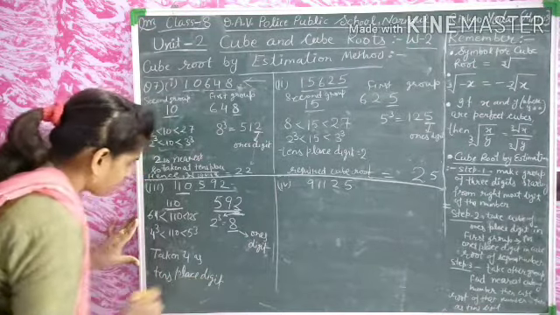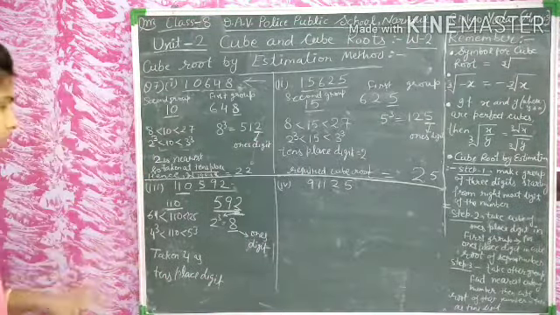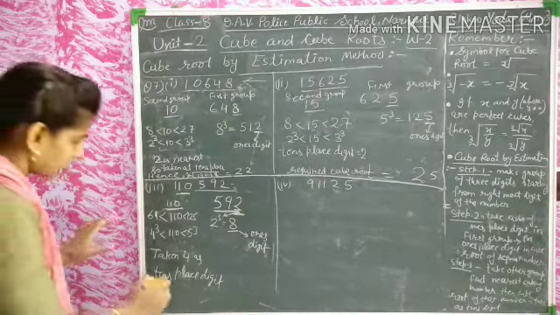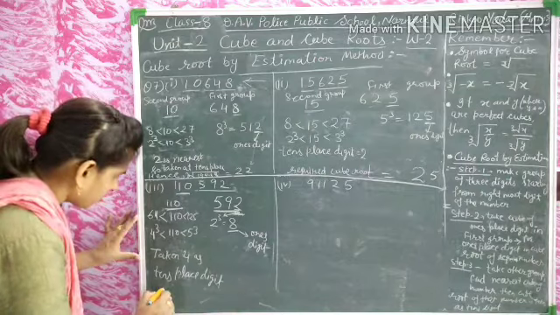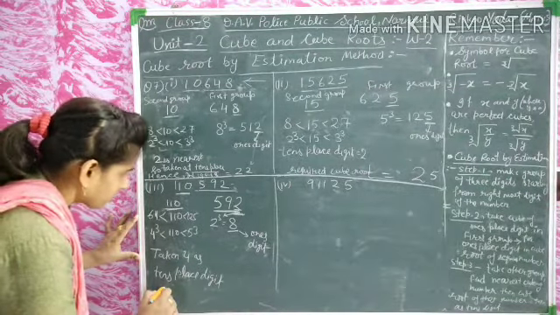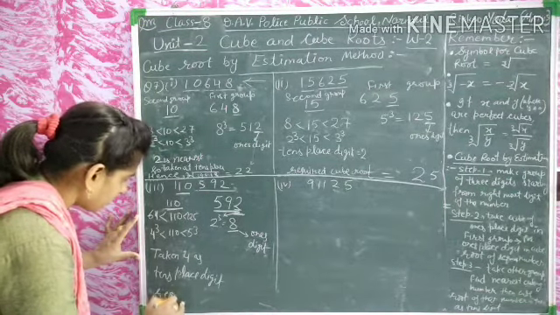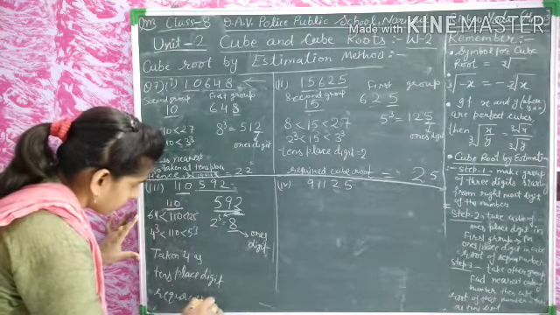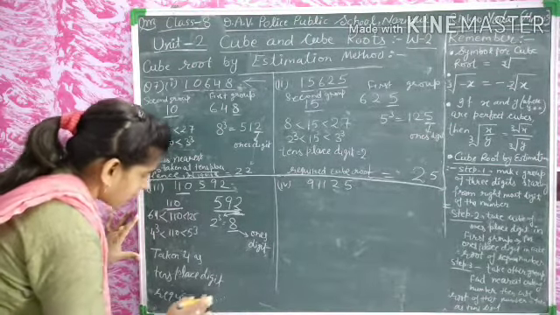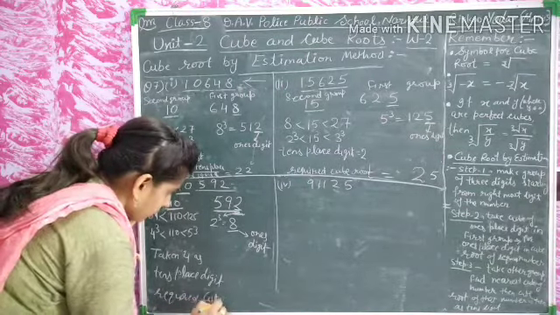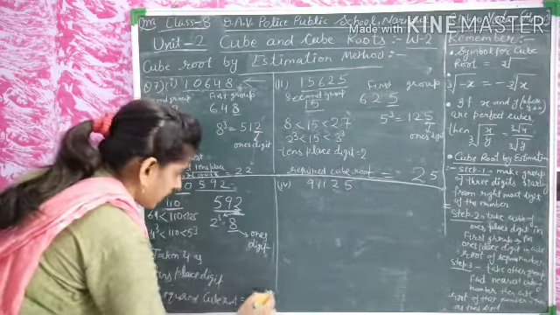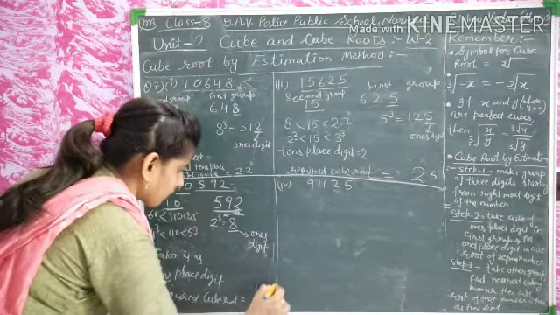So the required cube root is equal to ones place digit 8 and tens place digit 4. This is the required number.